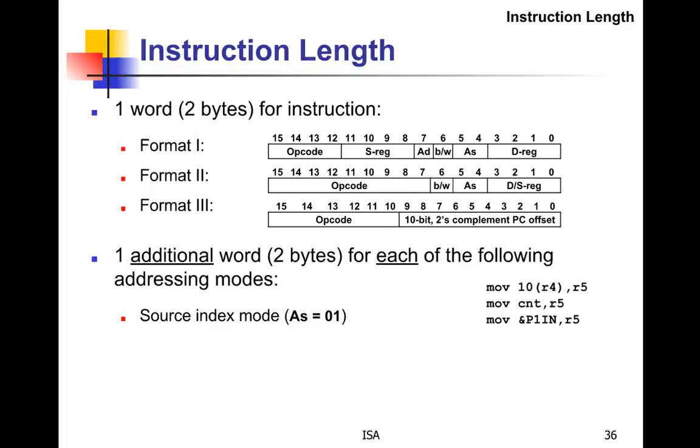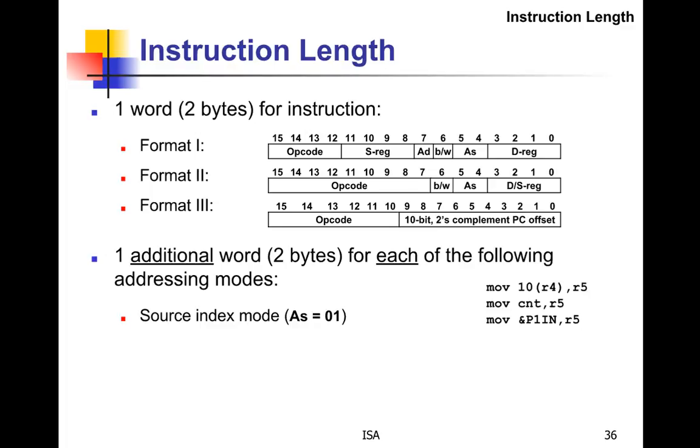Really, you're kind of doing 2 moves in that instruction. It takes 2 more bytes to encode in machine language that assembly language instruction, like move 10 index addressing by R4 to R5.